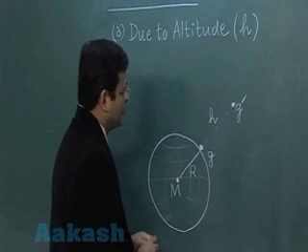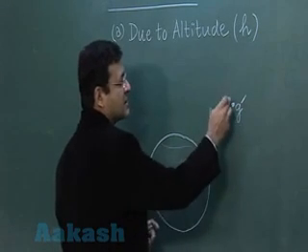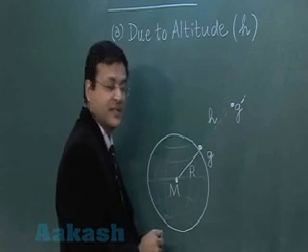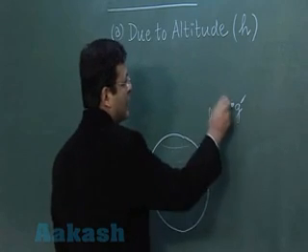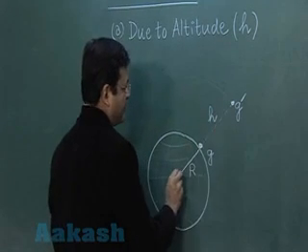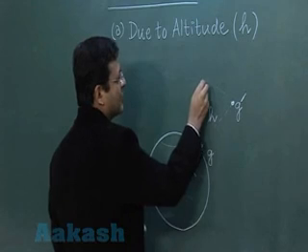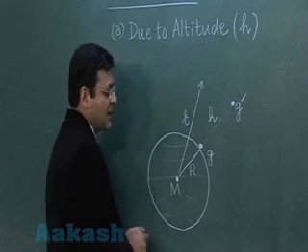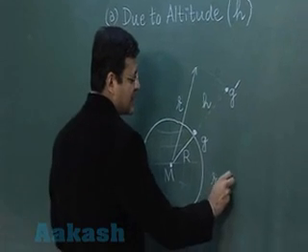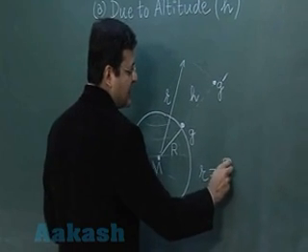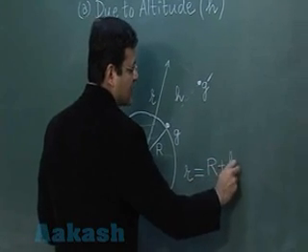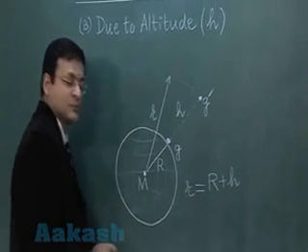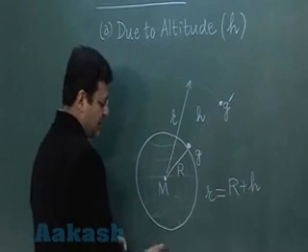If you consider the distance of this point where you are experiencing g dash, if you are denoting the distance from the center of the earth, you may call it small r. What I mean to say is that this small r is the radius of the earth plus this altitude. You understand? R is the radius of the earth.